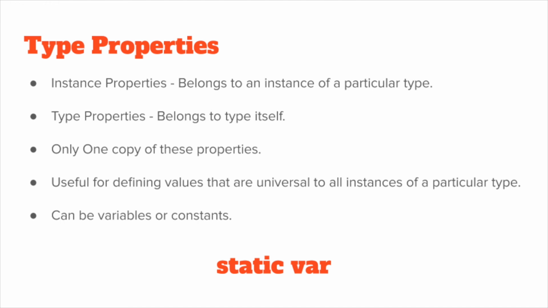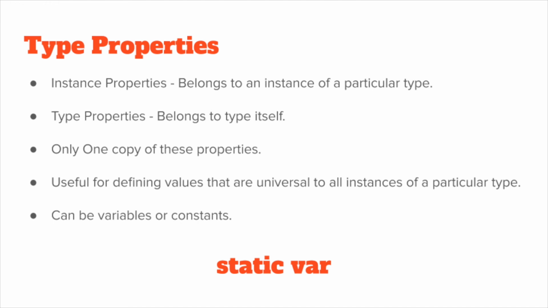You can also define properties that belong to the type itself, not to any one instance of the type. There will only ever be one copy of these properties, no matter how many instances of that type you create. These kinds of properties are called type properties.